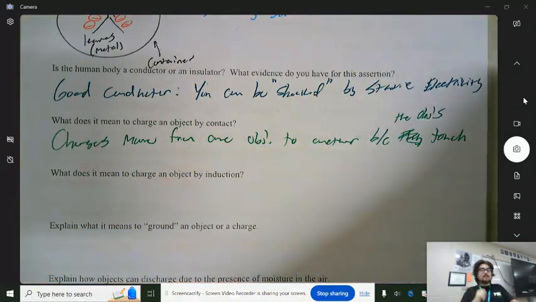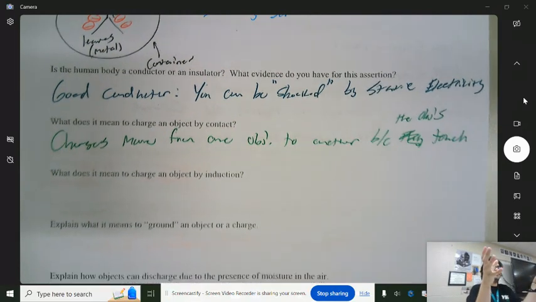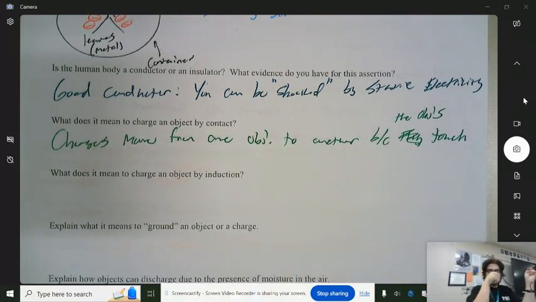So if you have two conducting spheres, one of them positively charged and the other negatively charged, you touch them together, you'll actually charge the uncharged one, okay? If it's by induction, this is where they're able to be charged without direct contact, okay?